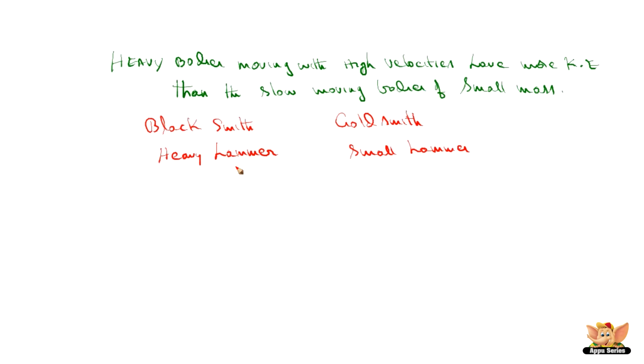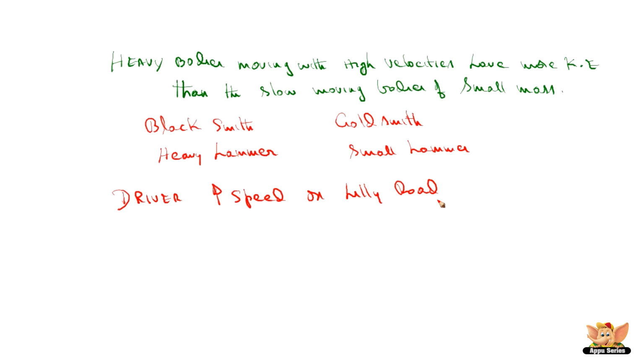Another thing we understand here is that when a driver is driving on a hilly road, he increases the speed. Please note that speed and velocity are used interchangeably in these chapters. The driver increases the speed on a hilly road compared to when he is driving a car on a flat road.